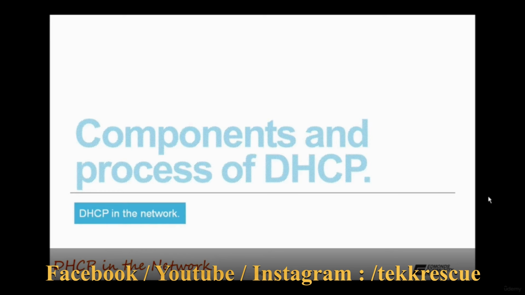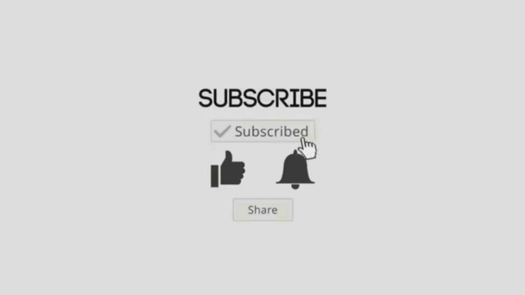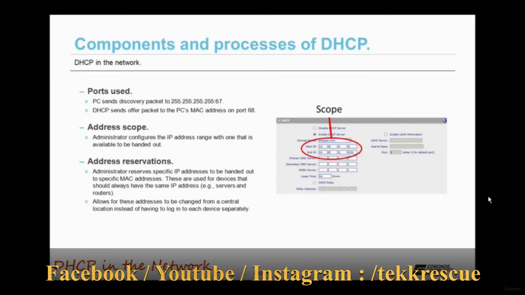Now let's talk about components and the process of DHCP. We're going to begin by talking about the ports used. Now I already mentioned this once, but I'm going to mention it again because you need to know this. The PC sends its discovery packet out on the broadcast address 255.255.255.255 on UDP port 67.